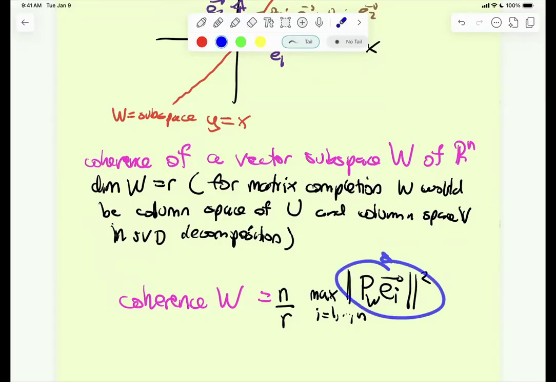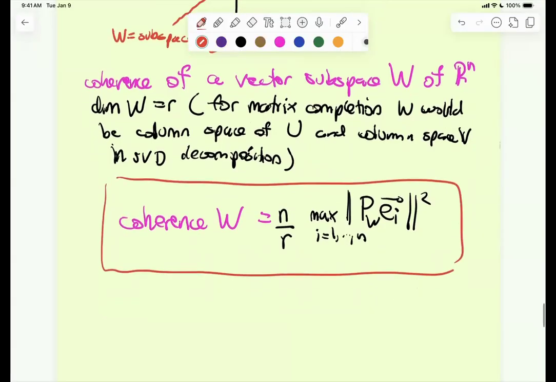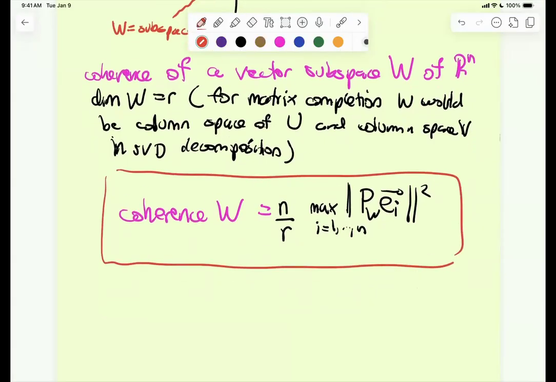So the largest this could ever be is exactly 1, precisely when one of the vectors happens to be in the subspace W, right? That's the worst-case scenario for us, because we want the singular vectors to be scrambled all over the place. So for us, large coherence is bad. That's how we're thinking about it. So large coherence is bad for us.